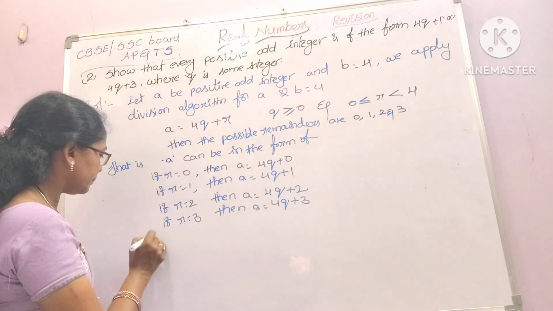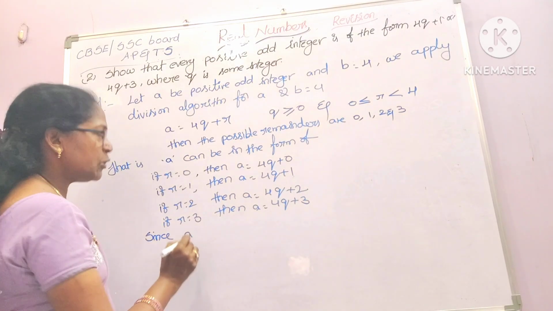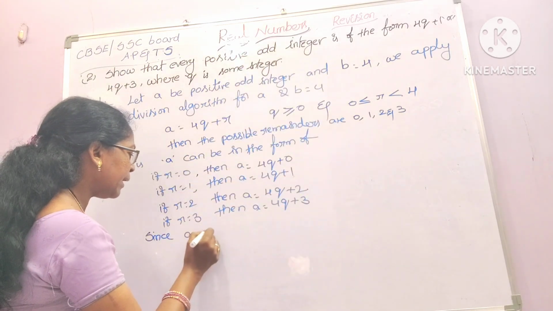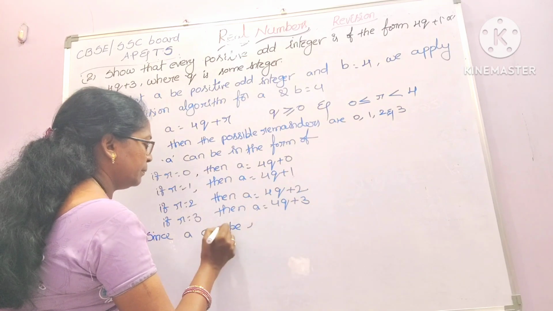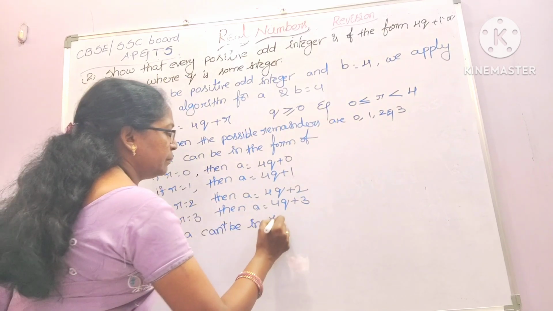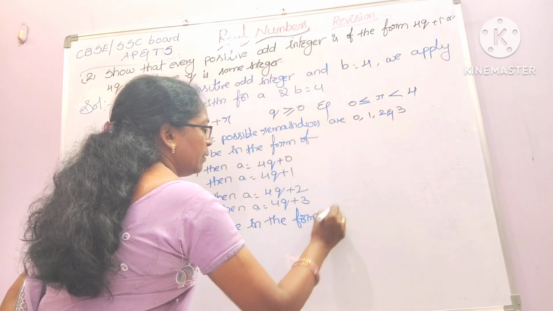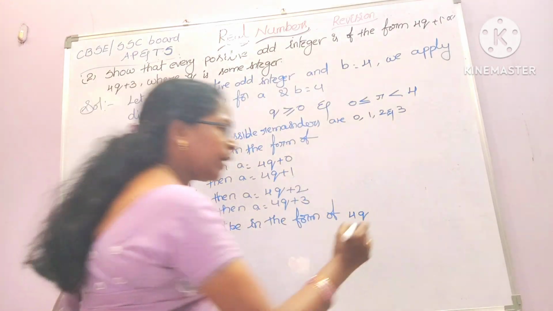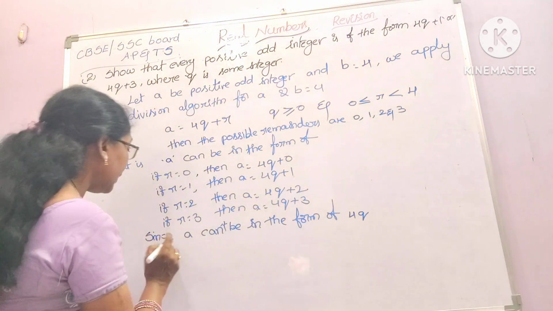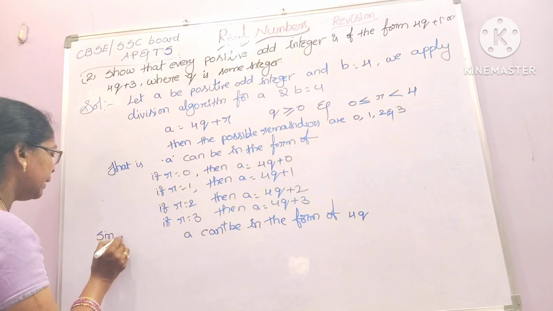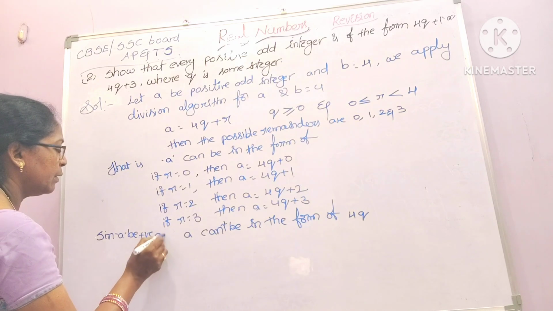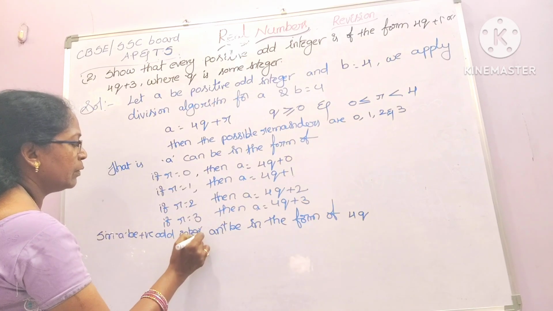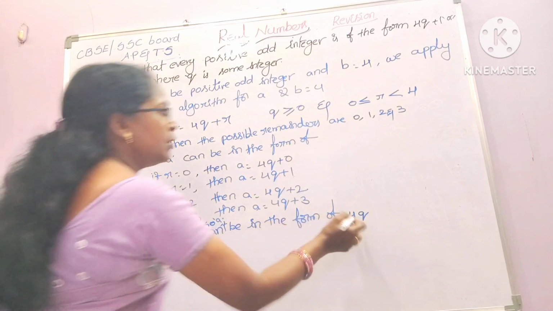But since A is a positive odd integer, A cannot be in the form of 4q. Why?